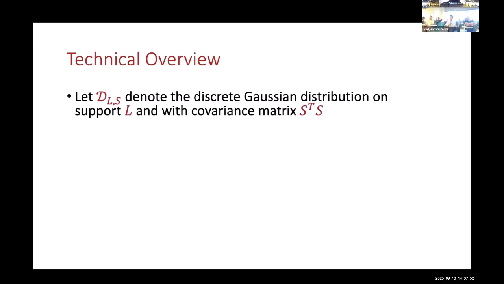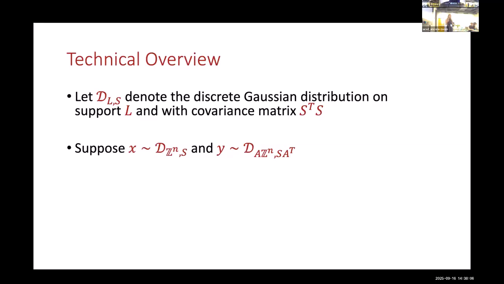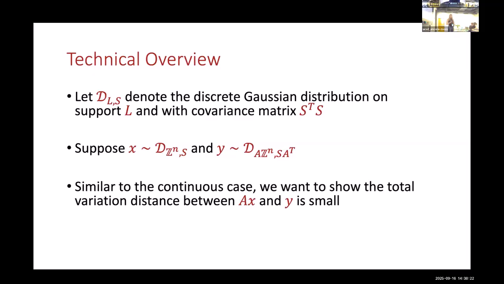So let's begin with some notation. We'll let D sub L,S be the discrete Gaussian distribution on the support L, which will be a lattice, with the covariance matrix S transpose S. Throughout the talk, we're going to suppose that we sample X from a discrete Gaussian supported on the integer lattice, Z to the n, with covariance S transpose S. And Y will be sampled from the discrete Gaussian on the lattice imposed by A times Z to the n, with the corresponding covariance after I multiply by A. Now, if we want to mimic what happened in the continuous case, we want to show some sort of approximate rotational invariance.